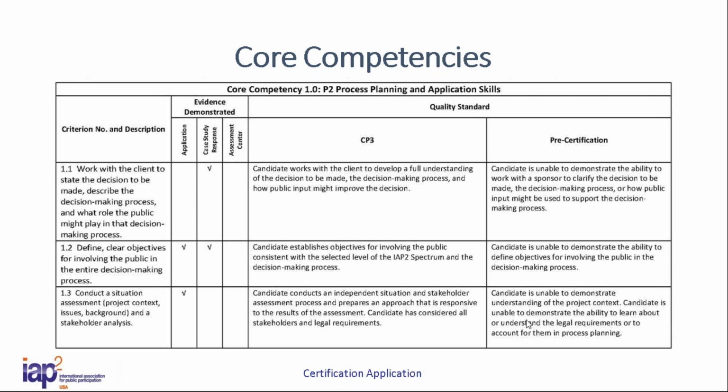So for the first one, work with the client to state the decision to be made, describe the decision-making process, and the role that the public might play in that decision-making process. The quality standard is the candidate works with the client to develop a full understanding of the decision to be made, the decision-making process, and how public input might improve the decision.